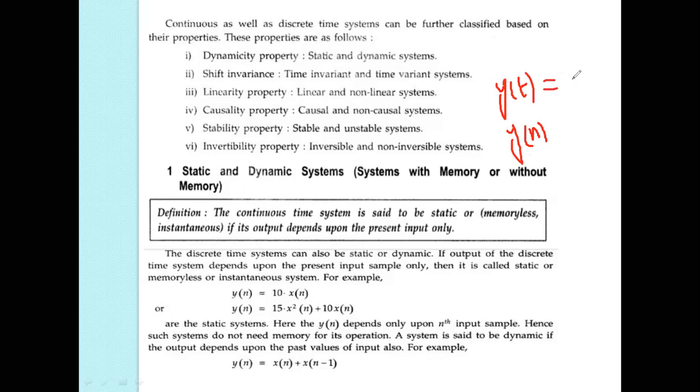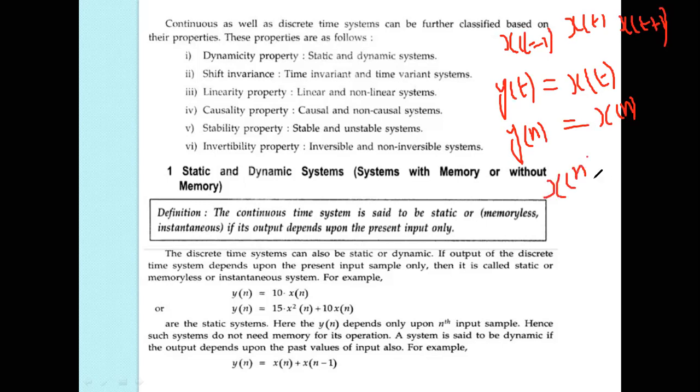Present means x of t, or in discrete time x of n. If x of t is the present input, the past input is x of t minus 1 and the future input is x of t plus 1. In discrete, x of n is the present input, x of n minus 1 is the past input, and x of n plus 1 is a future input.